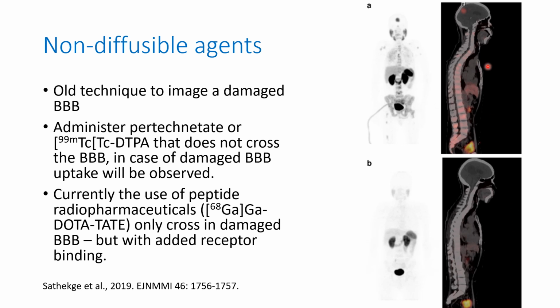It was positive in the patient's brain for a metastasis, and then the patient was treated with actinium PSMA. This is a classic example of a radiopharmaceutical that might not cross the blood-brain barrier due to the size of the molecule, but when it's damaged, in this case of the metastases, it will cross. So this is a more modern application of this concept.